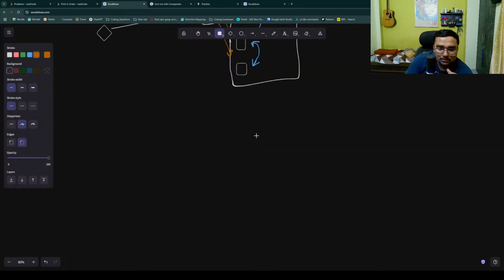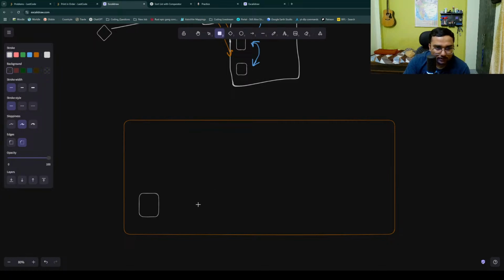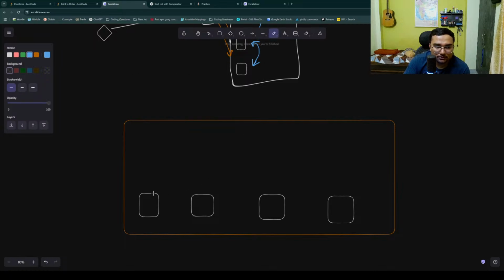Let's make another clear diagram. If this is a key value store, and there are multiple servers serving it, and all of these are interconnected, I mean they can talk to each other because they need to sync their values and be consistent.